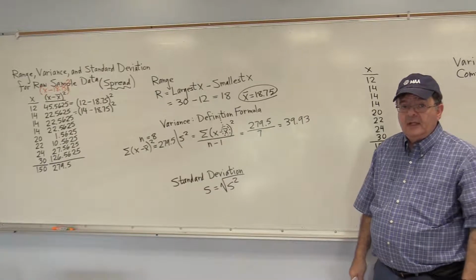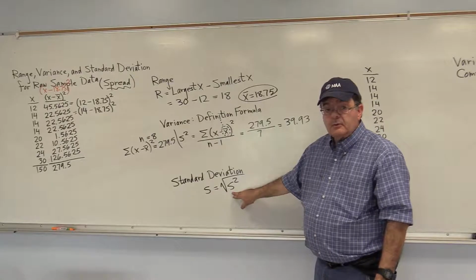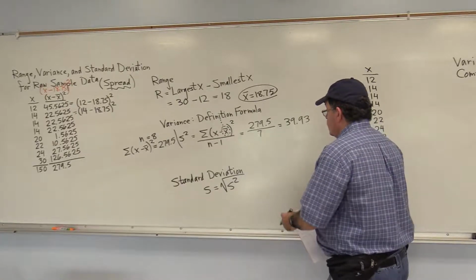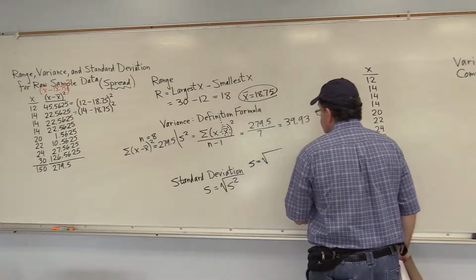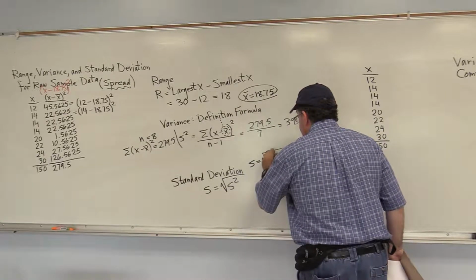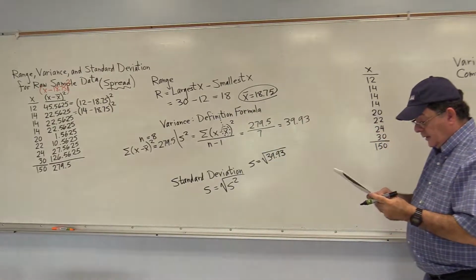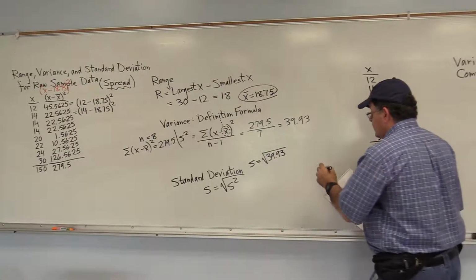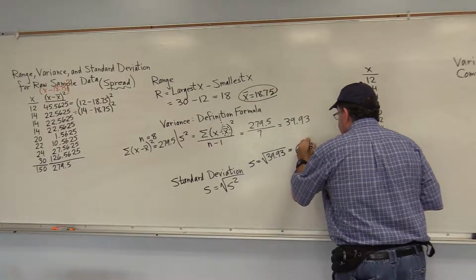So our standard deviation for this data is going to be the square root of 39.93. And again, I rounded this to two decimal places. We get a standard deviation of 6.32.